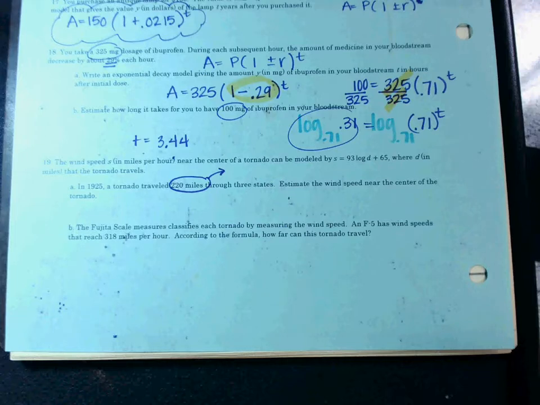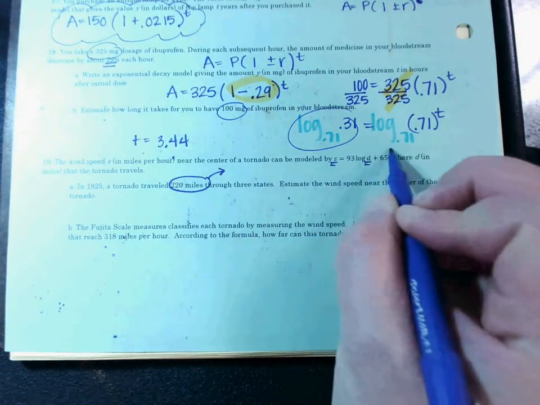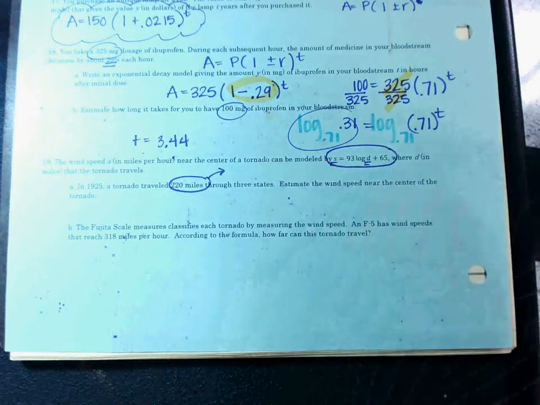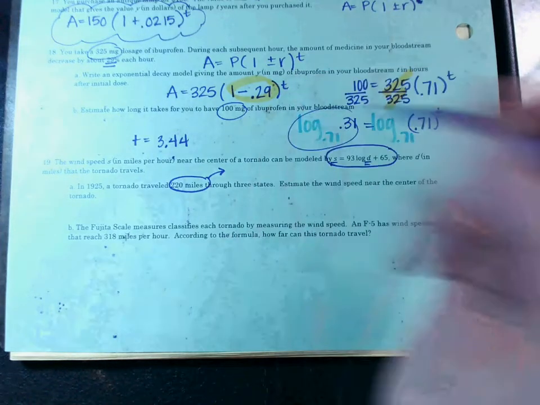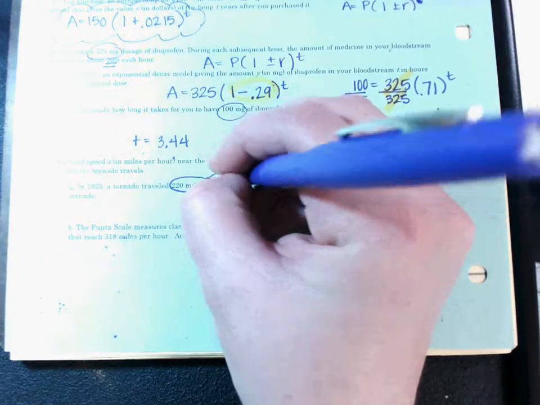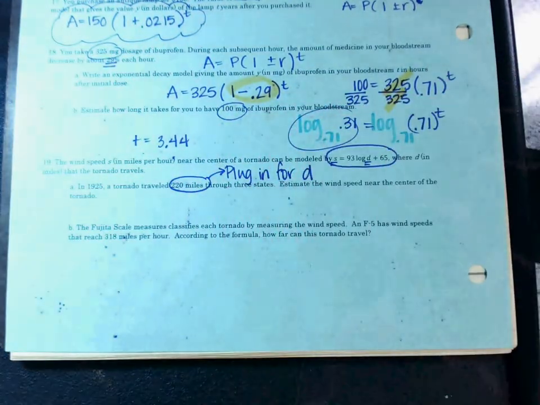For S or for D? This one they gave us an equation, so we're just using the equation. Sometimes you do have to write it, but in this case, they're just giving us an equation to use. So if it's the distance it traveled, that would be plug in for D. I'm going to have you do that one on your own.